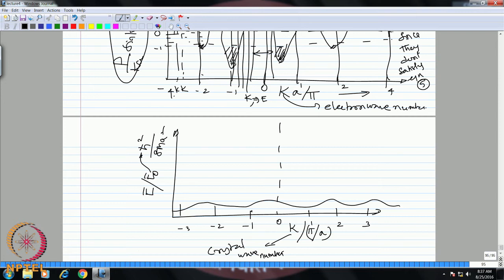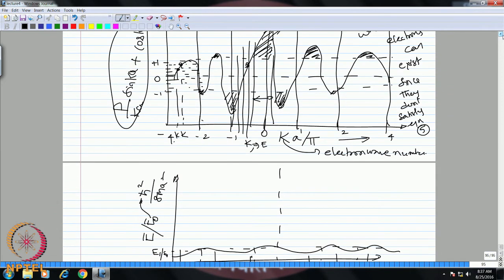Okay. So, that means for a given value of energy, say this value of energy E1 by E0, you have multiple values of the crystal wave number. How do you understand that? Those crystal wave number values are basically these discrete lines.